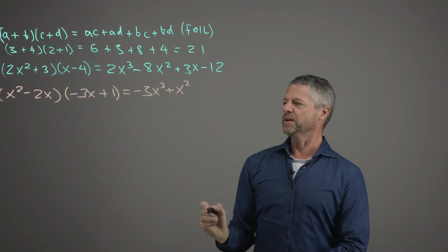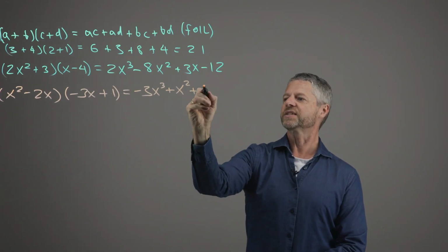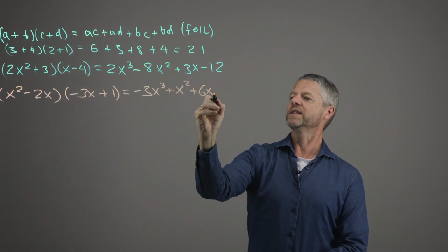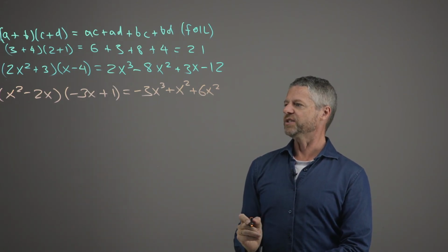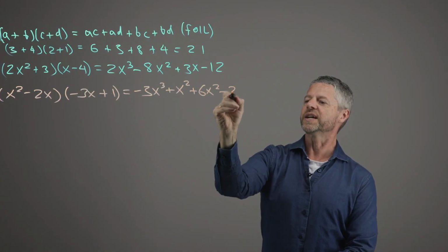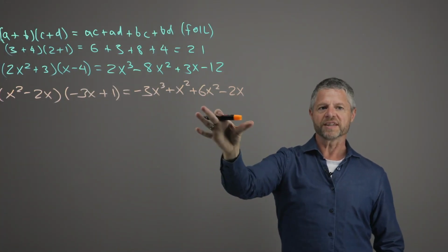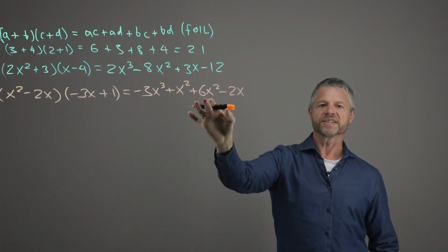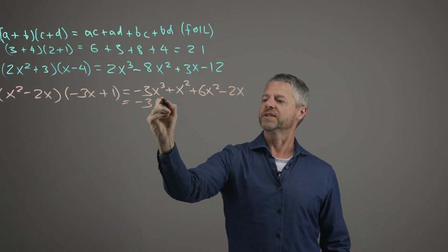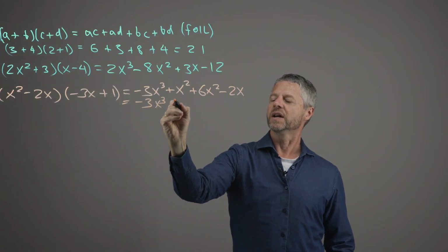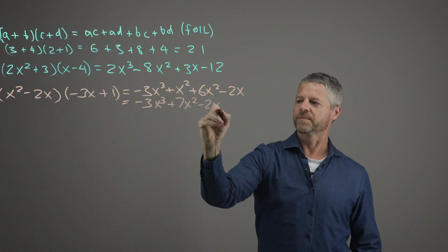And then the inner terms, minus 2x times minus 3x, which would be plus 6x squared. And then the last terms, we've got minus 2x and plus 1, so minus 2x. And we wouldn't want to leave it like this because we can simplify this because we've got x squared and 6x squared. So we'll write minus 3x cubed plus 7x squared minus 2x.